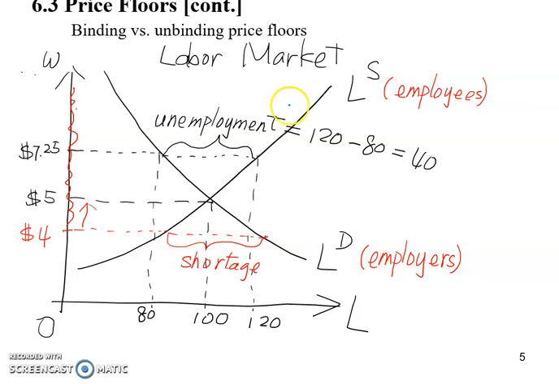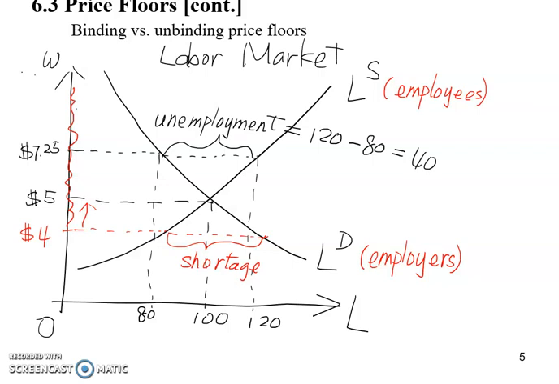As we said in the previous video, when the price is $4 per hour, we tend to believe there's a shortage on the market, but that shortage won't occur, or at least the market won't go as low as $4 per hour, because once the market falls a little below $5 per hour, let's say $4.90, there would be an upward pressure which pushes the market back up to the equilibrium.